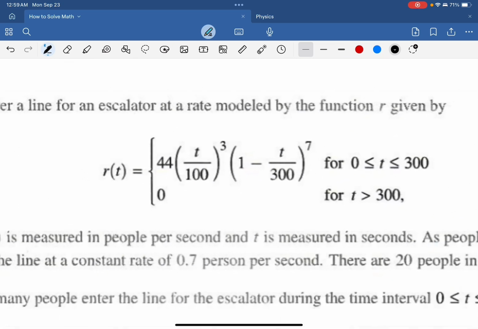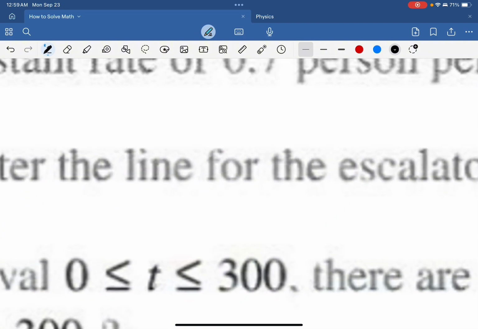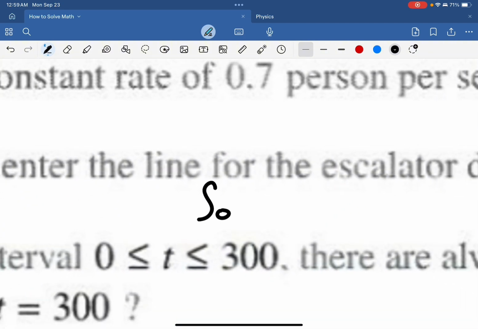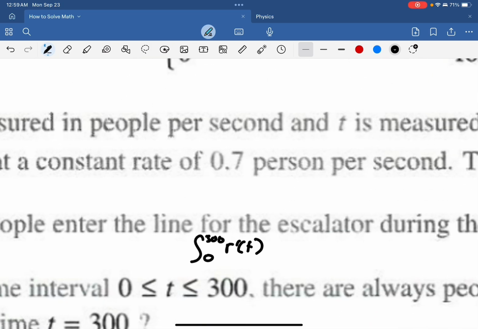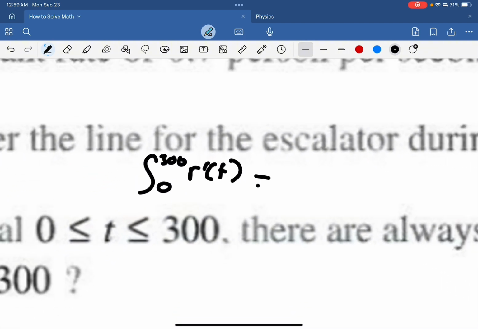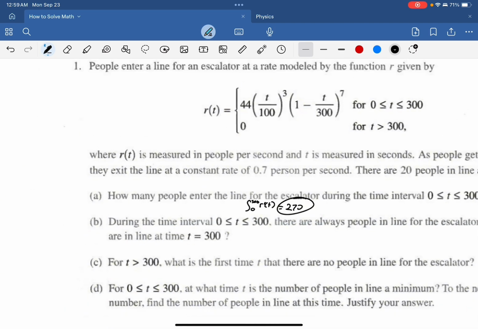This tells us how many people enter. So all we gotta do right here is the integral from 0 to 300 of r prime of t. And if you plug this into a calculator, math 9, you're gonna get that 270 people are entering from the time 0 to 300.